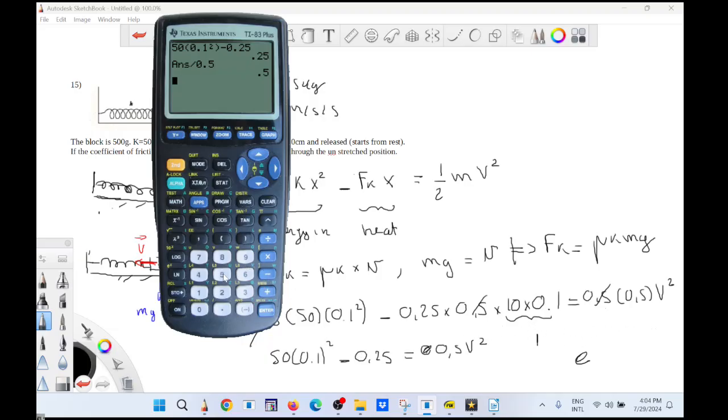Yes, just making sure: 0.1 squared, so that means you divide by 100, you take away 0.25, and you divide by 0.5, and you take the square root.